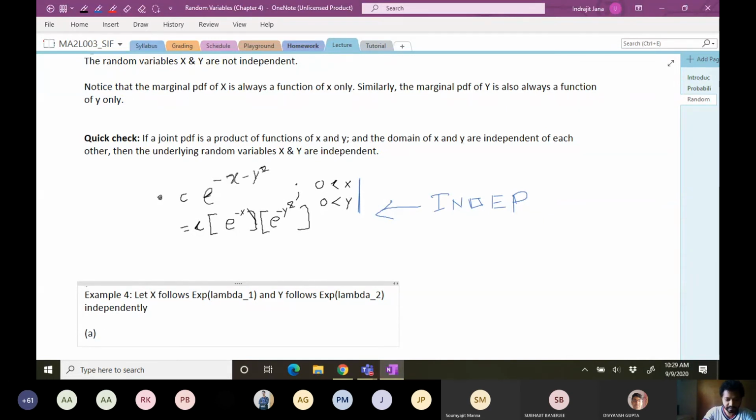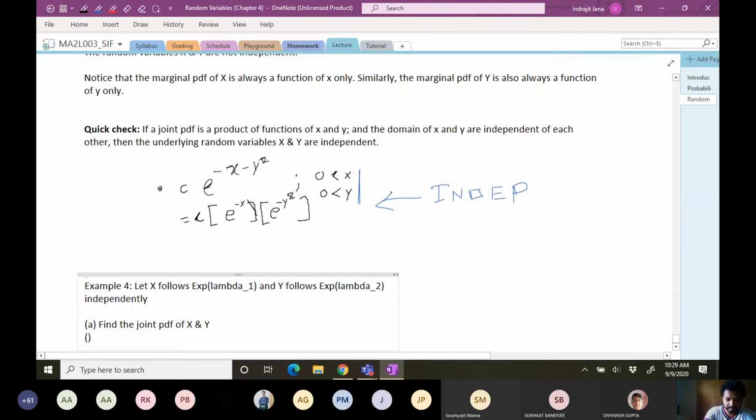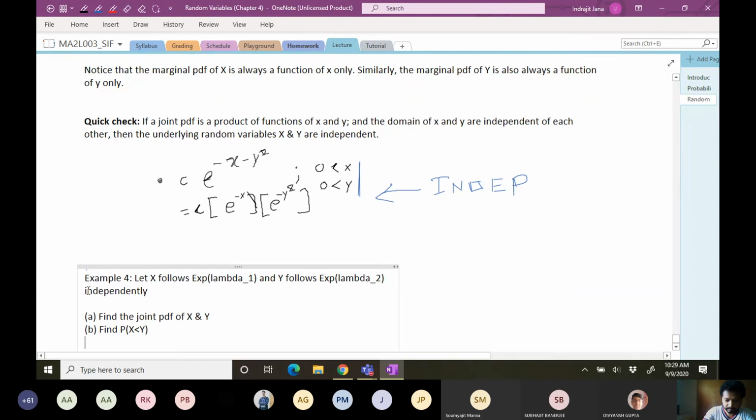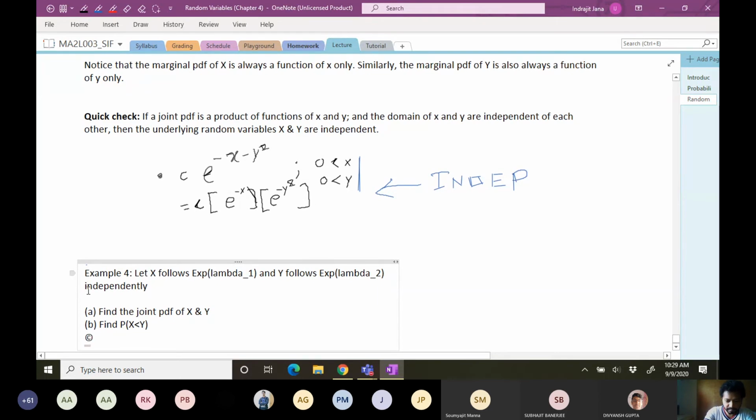The first thing that I would like to do is find the joint PDF of x and y. Number B, find the probability of x less than y. Number C, find the CDF of x and y, actually the CDF of x and the CDF of y.